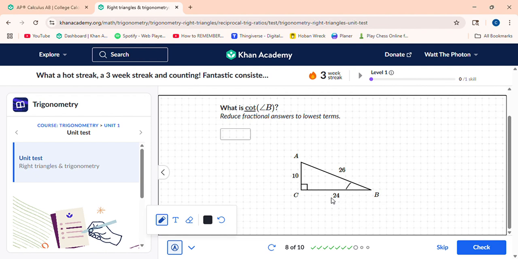So tangent is opposite over adjacent, so cot is adjacent over opposite. Adjacent divided by opposite. Yeah, 2.4.